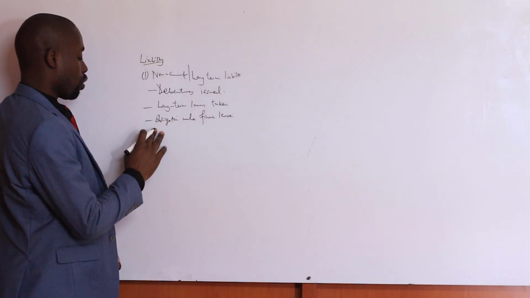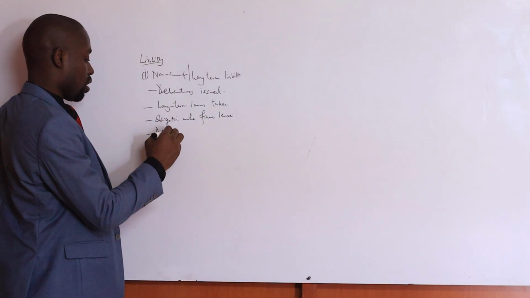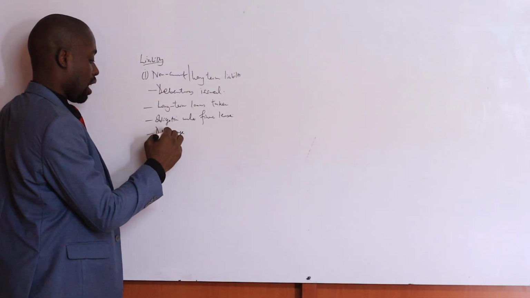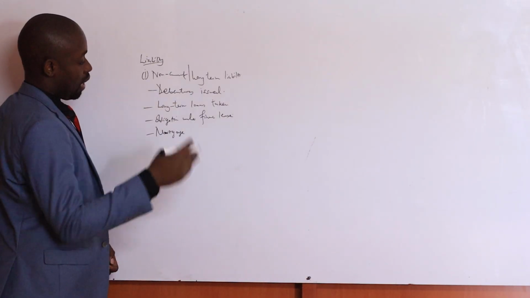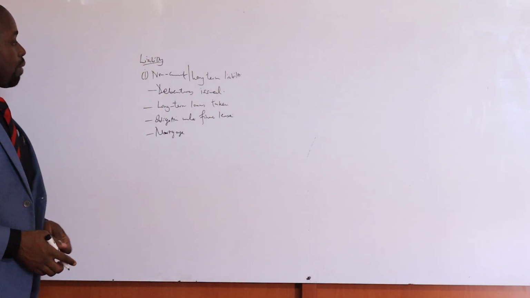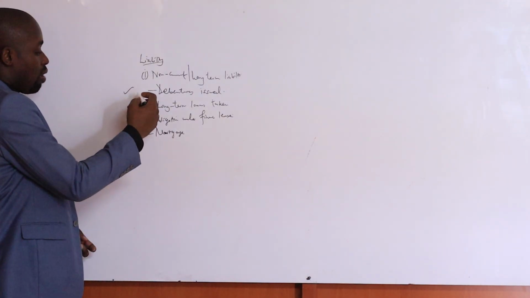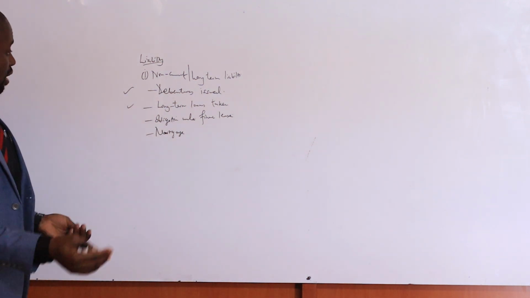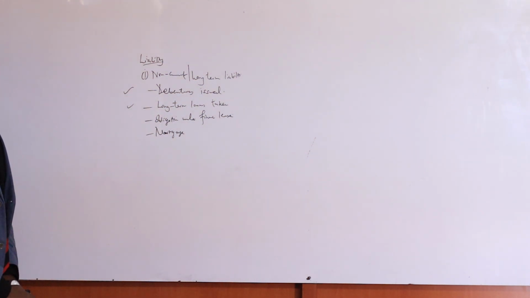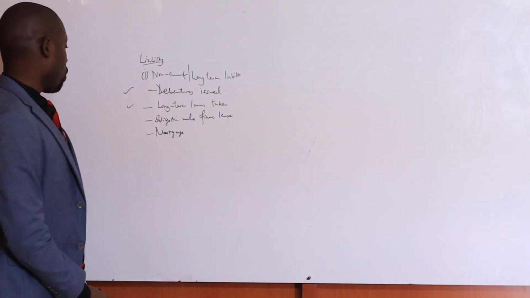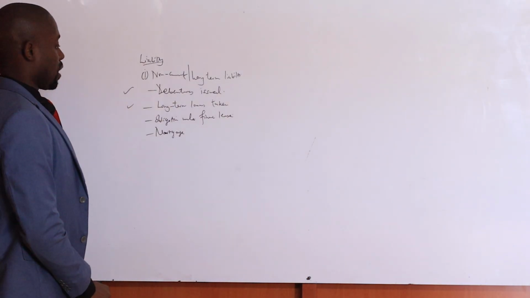You can also have mortgages. A mortgage taken is a liability, among many others. We'll be dealing basically with the first two at this level, but moving forward you will see others coming into play, and I will explain more about them as we progress.